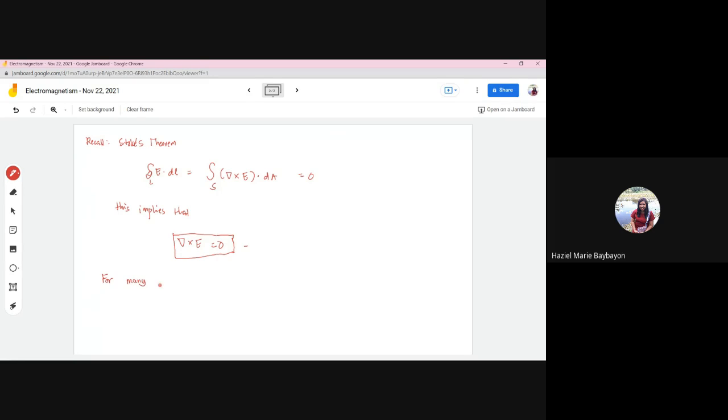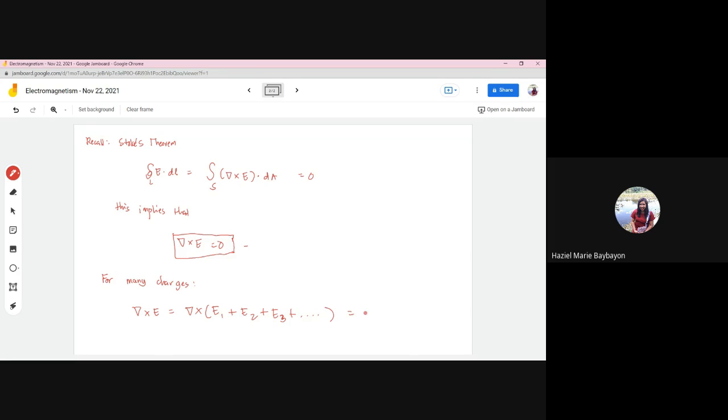for a system with many charges, we have the curl of E is equal to the curl of, say for example, the electric field due to charge 1 plus the electric field due to charge 2 plus the electric field due to charge 3, and so on.